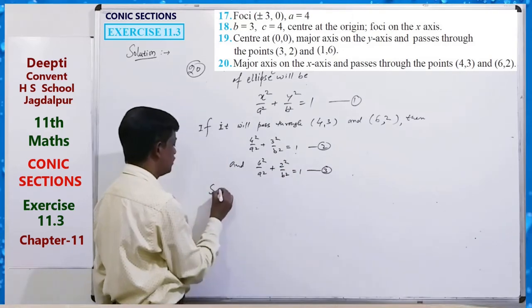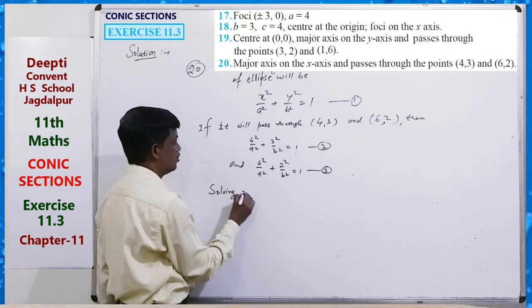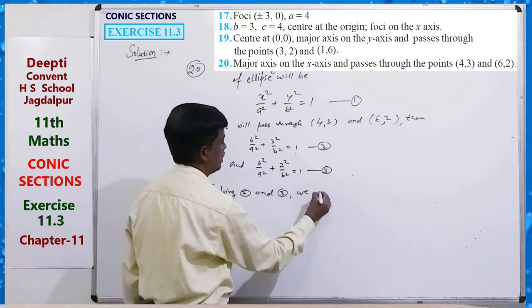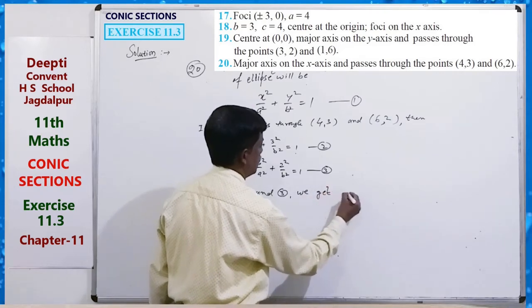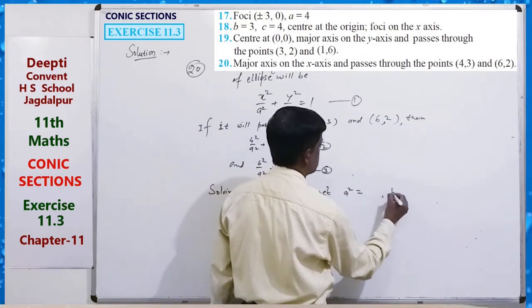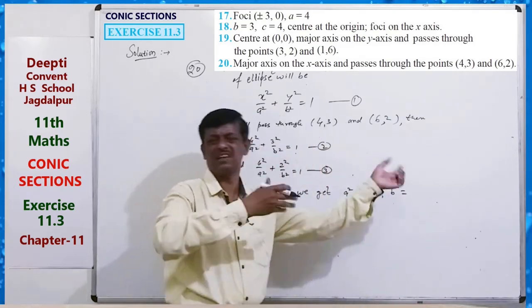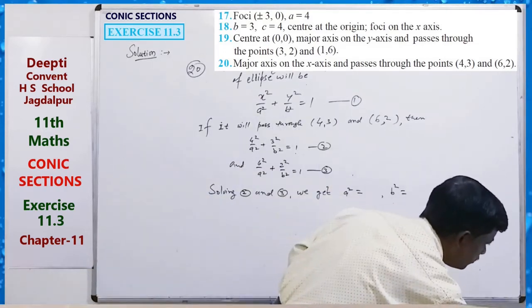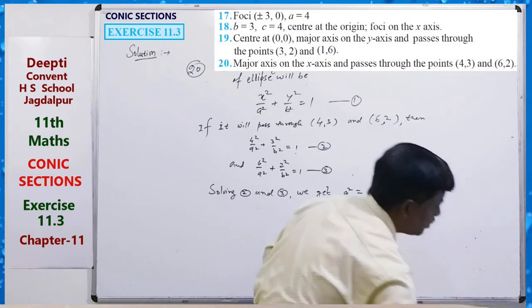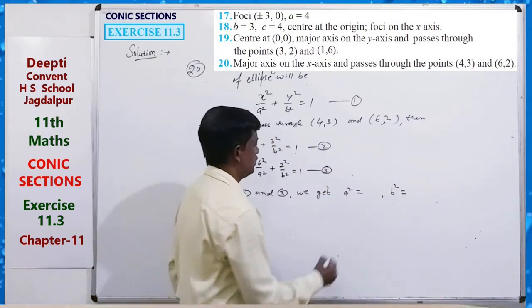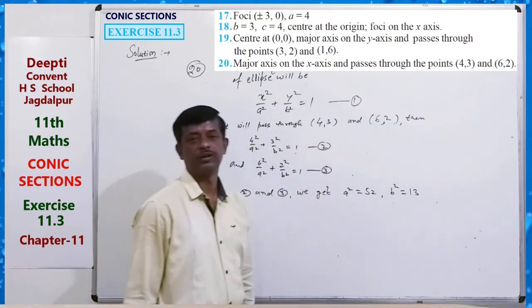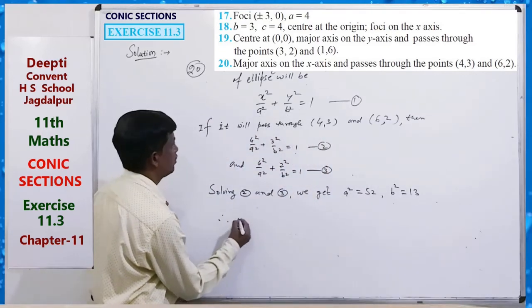Solving 2 and 3, we get a square equals this and b square equals this. Just the same process, you can solve it and find the values 52 and 13.